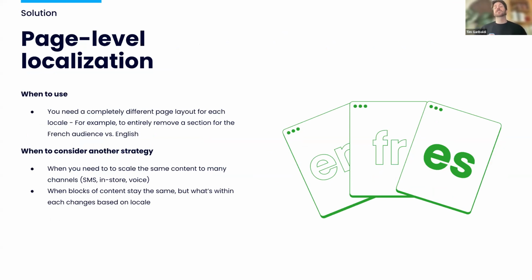Page level localization is probably the most straightforward and requires the least setup within Builder. But, of course, everything has a couple of trade-offs between the different methods, right? For page level localization, you're basically just creating new content entries within Builder for each language or for each target audience, and then serving the appropriate content to the appropriate audience, right?